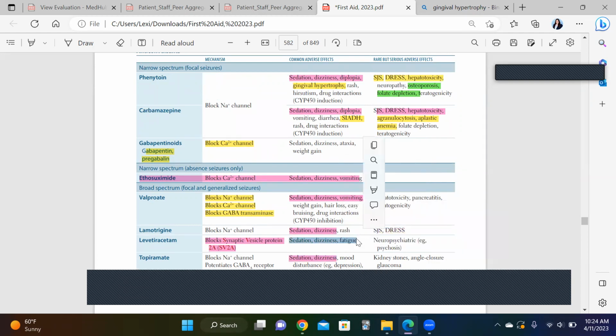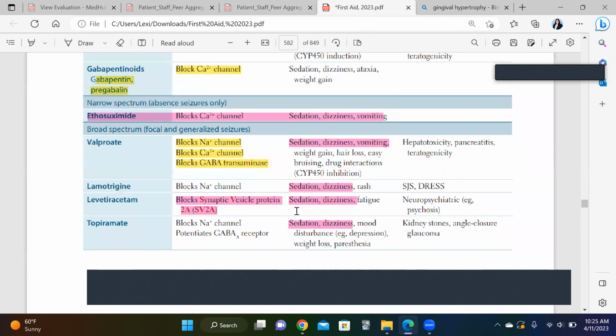The fatigue I'm going to leave because we use it as a sedative, so it's really severe. I remember when I was in the OR, I'd be like, "Can you please just give them some Keppra? They're going wild when they're waking up," and that's what levetiracetam is. It's Keppra, and it helps as a sedative in an acute environment. Okay, so valproate. What are the side effects that are special?